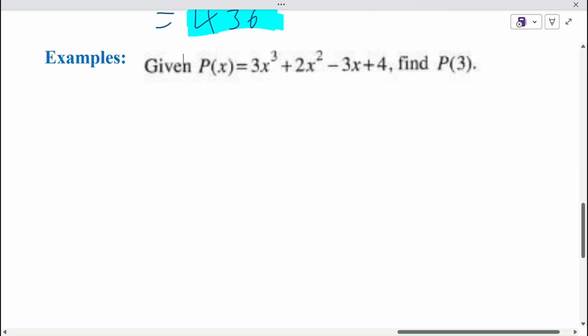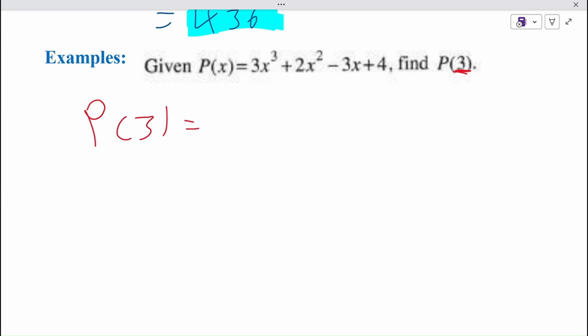This is so easy. Just substitute this number instead of each x. Let's find out p of 3. Here we have 3.